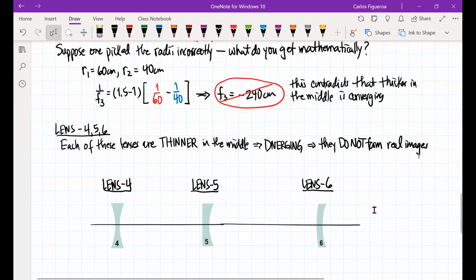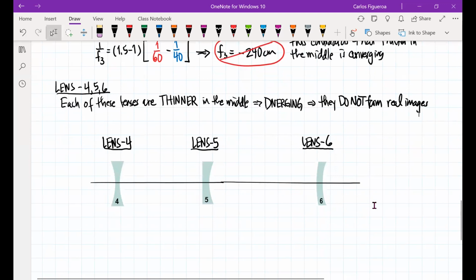So let's go look at the radii of each of these guys here. So here we go. The first thing that I would look at is the surface. So this is the first surface. That means, in this case, that R1 is minus 40 centimeters.